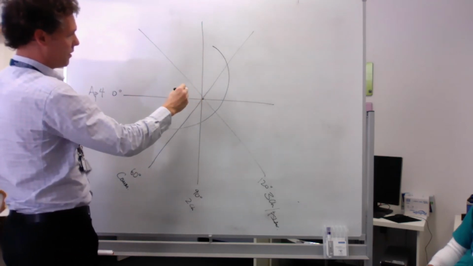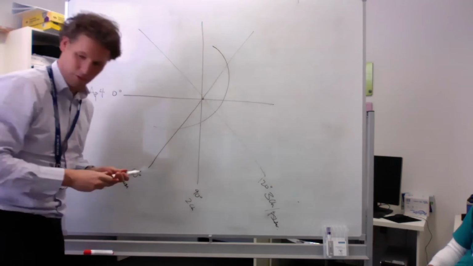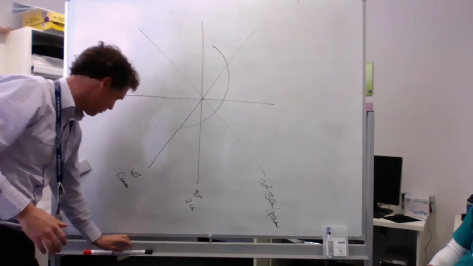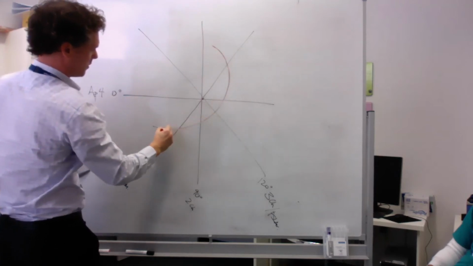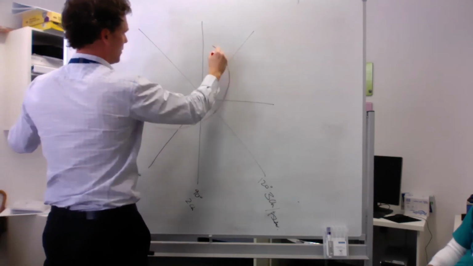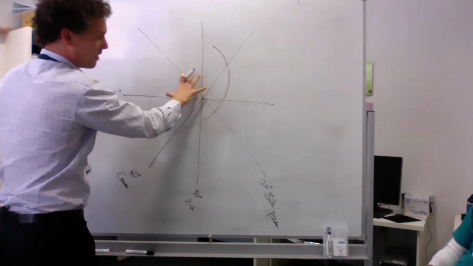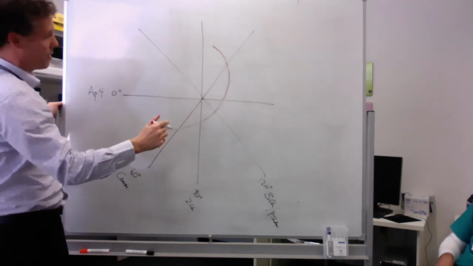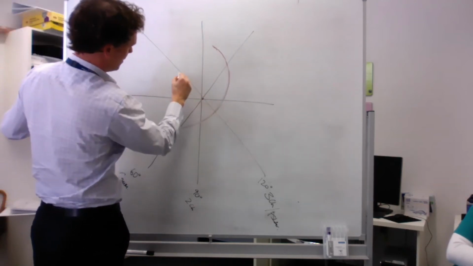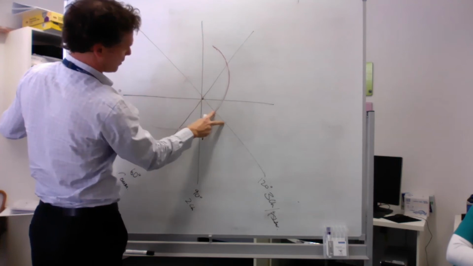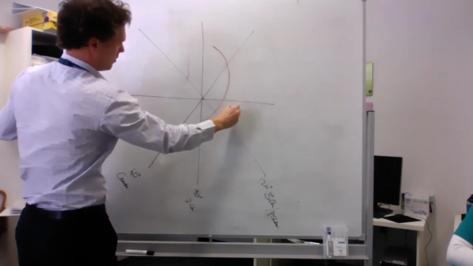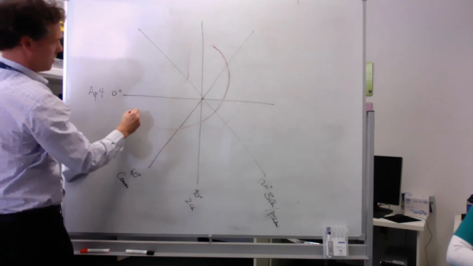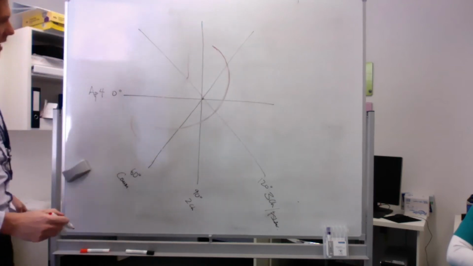And then I remember that the, and should I draw it a different color maybe? Would that help? I know that my anterior leaflet is much bigger than my posterior one. So it looks something like that. There's the posterior, there's the anterior. And so I can draw something like that.